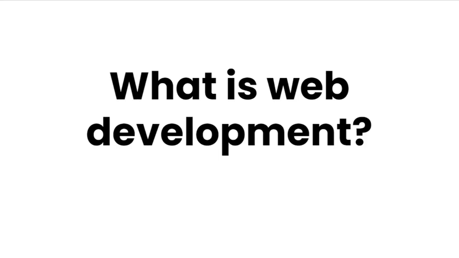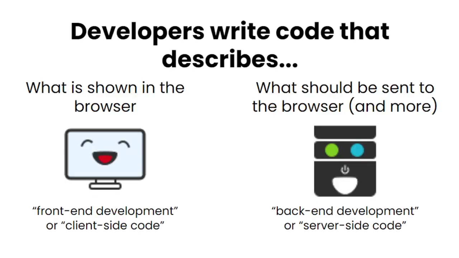Now we have come to the next topic, that is what is web development. Developers write the code that describes what is shown in the browser and what should be sent to the browser. Till now we have seen two things, the client and the server side, and these are broadly classified into two.